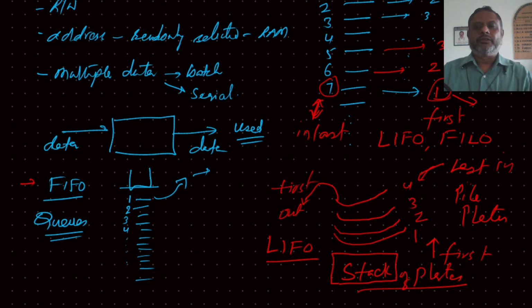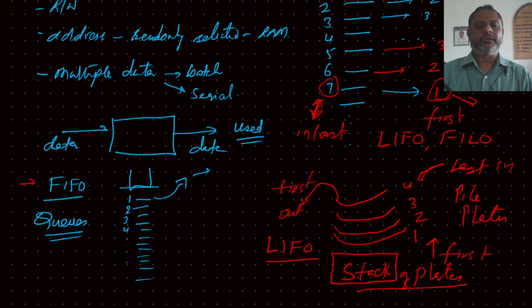So there are two ways of implementing the data structure for what we call a buffer, to store temporary data onto memory for future usage.